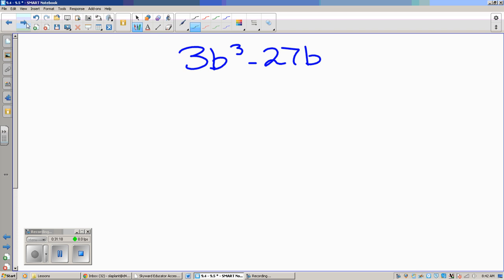Okay, moving on. This was one where, first off, do I have the difference of 2 perfect squares? No. So always start by asking yourself, do I have the difference of 2 perfect squares? No. 3 is not a perfect square, right? So can I factor anything out of this? Zach, is there something that I can factor out of this binomial?